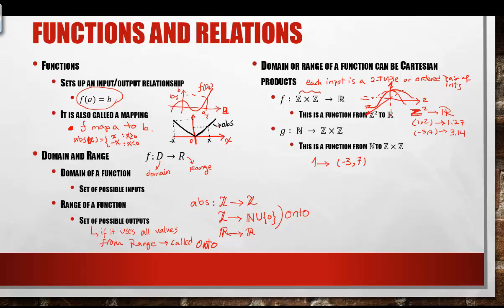Now, one of the things that I want to talk about is that if you have a function whose range, or input domain, is effectively a cross product, then we call this a k-array function.